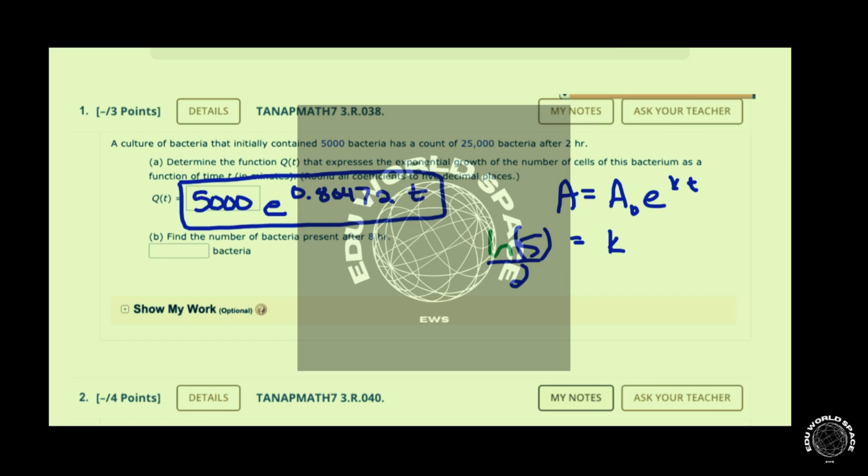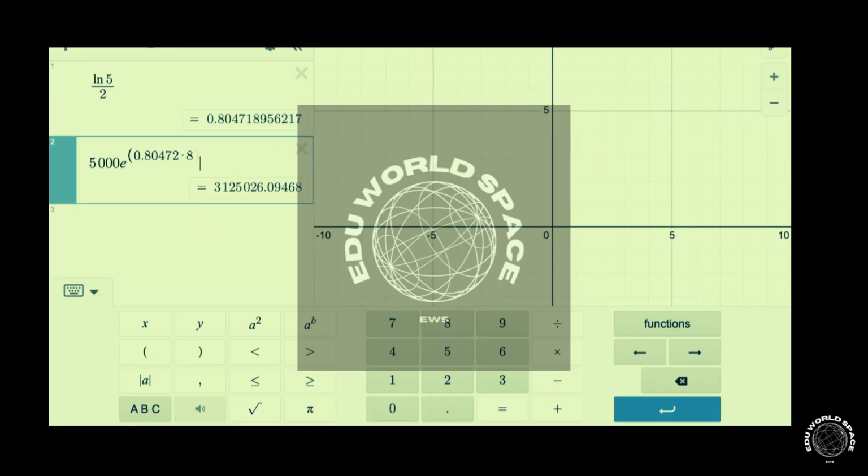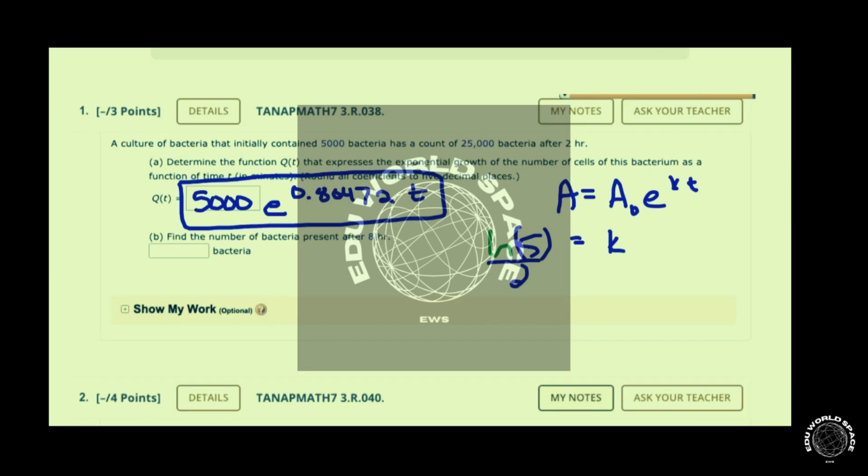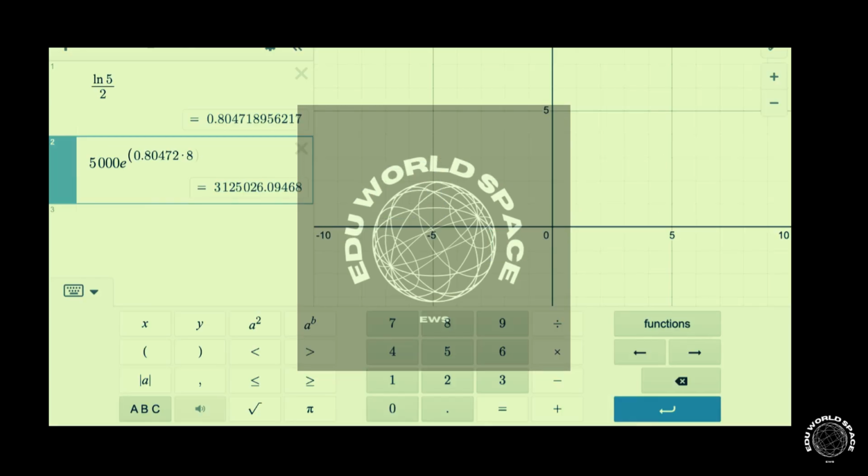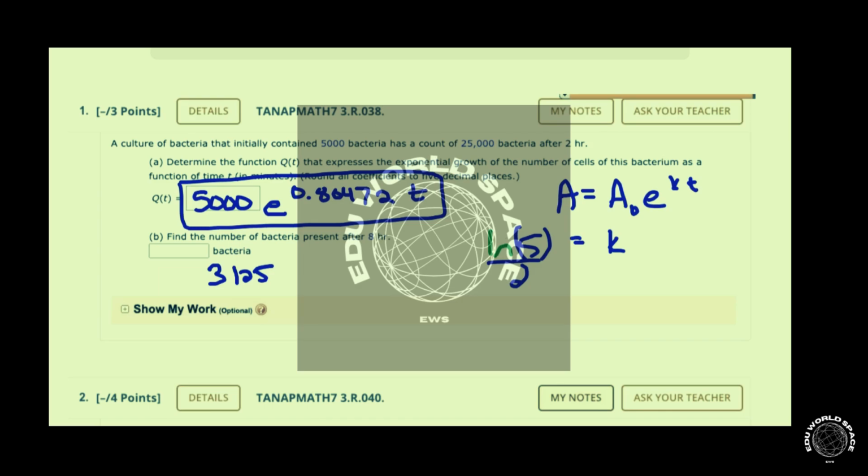I'm going to round to the nearest 1. It doesn't specifically say that. We'll say that is 3,125,026.